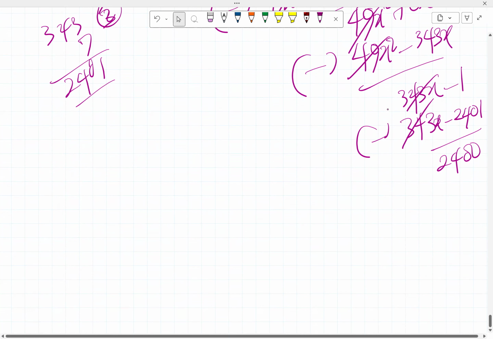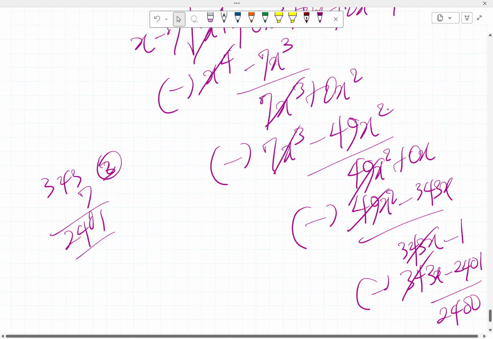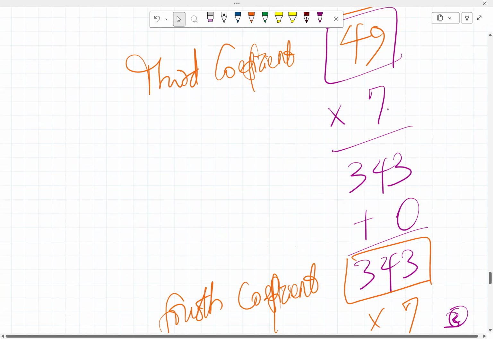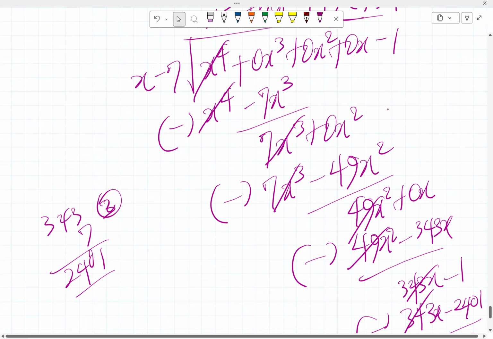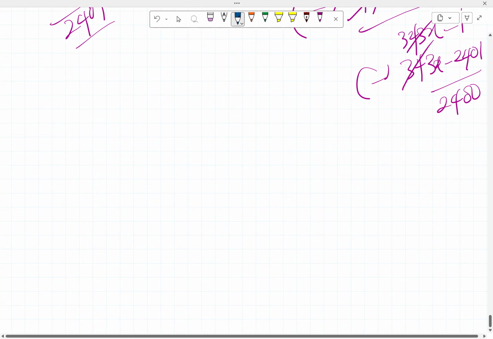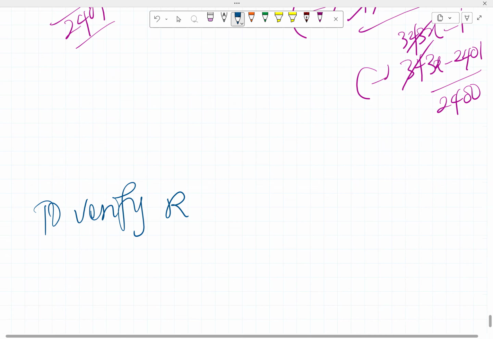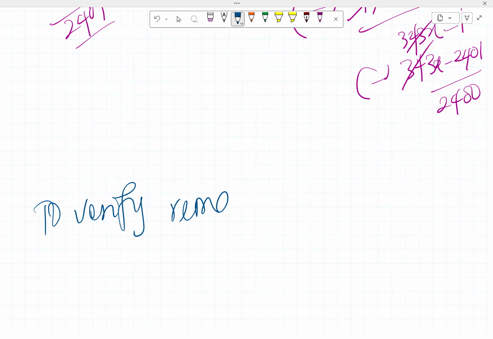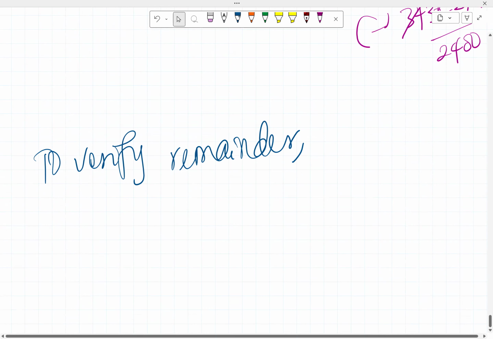Okay, so the way to verify the remainder is simply like this. We can verify the remainder easily. There's a remainder theorem which I'm going to come across, but I just want to use that ahead now. We have x raised to power 4 minus 1 all over x minus 7.